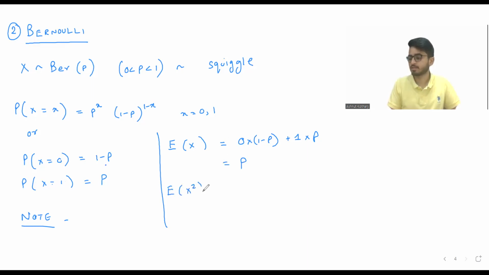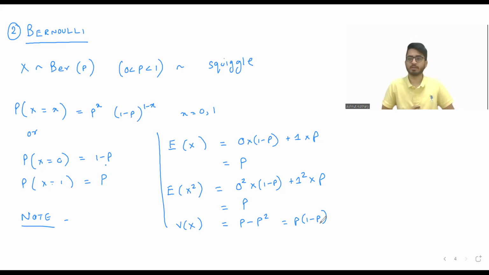Similarly, expectation of x square will be 0 square into 1 minus p plus 1 square into p, which again is nothing but p. So the variance of x is expectation of x square minus expectation of x whole square, which will be p minus p square, which can be written as p into 1 minus p.